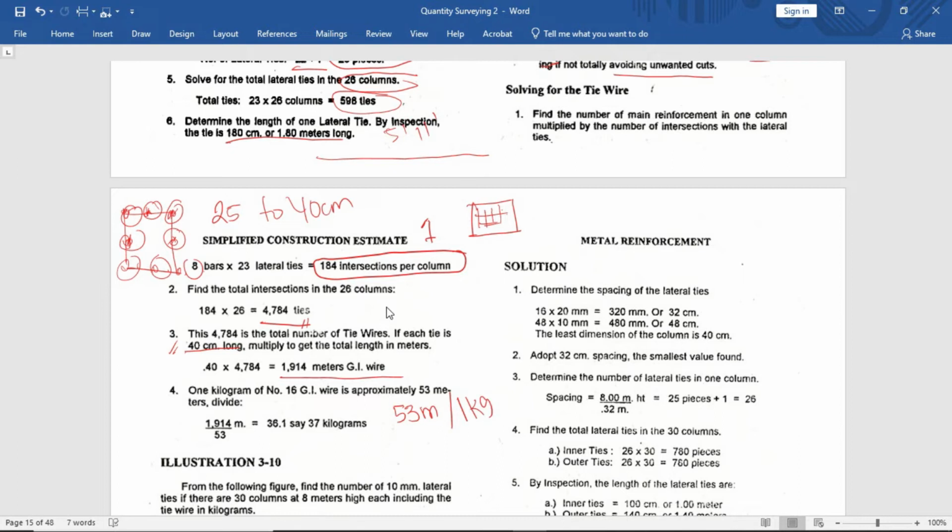So, 1 kilogram of GI wire is equal to 53 meters in length. So, divide lang natin yung length nito. So, 1,914 divided by 53 is equal to 36.1, say 37 kilograms of number 16 GI wire.